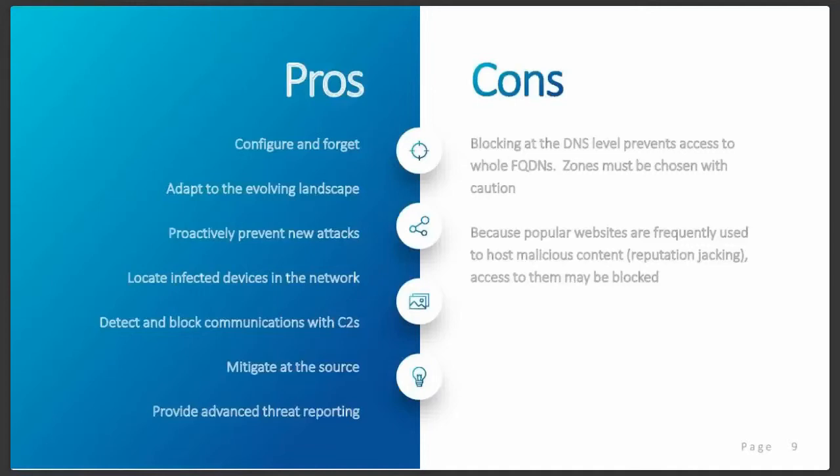But that's also one of the cons, because DNS is so basic, so deep in the infrastructure. When you block access to entire domains, that can be a little bit tricky. Some of those domains may be legitimate domains that were just infected with a single file or a few pages, and you're blocking at a global level for that domain.